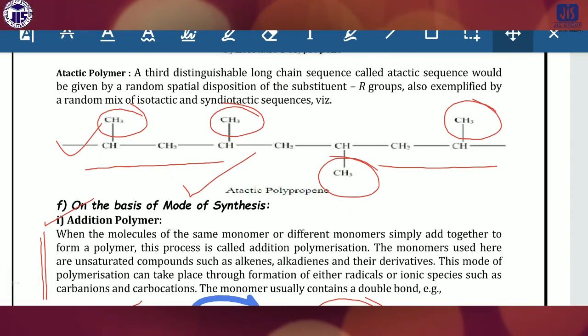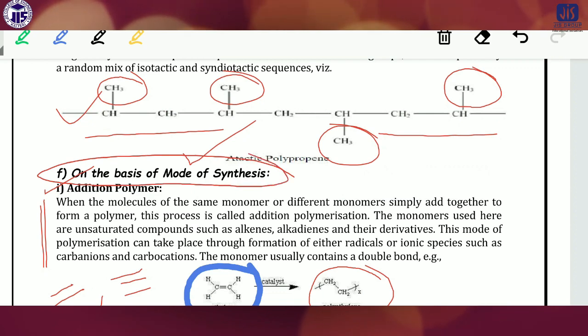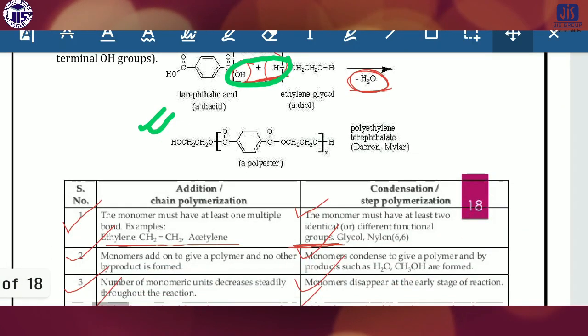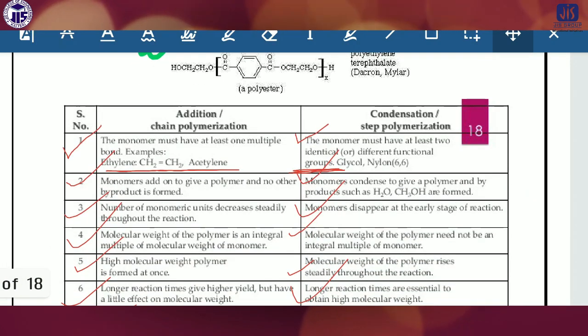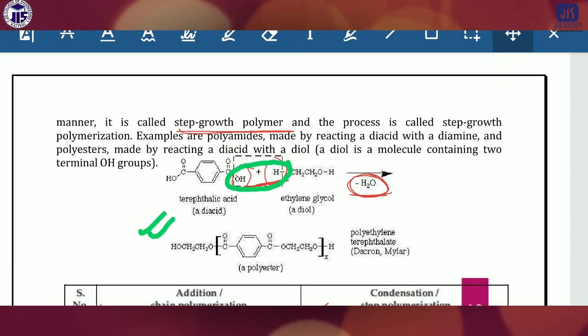In the sixth category, on the basis of the mode of synthesis, you can find addition polymer and condensation polymer. The difference is very important, so you have to write down the addition and condensation polymer.